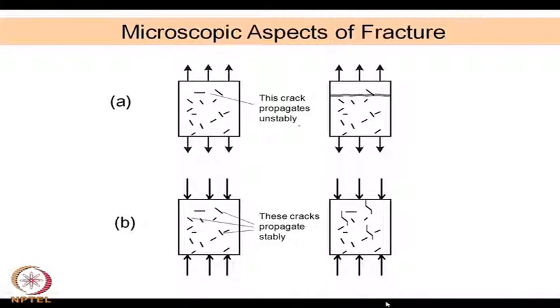That is one of the considerations, or one of the theories of Griffith, that in brittle materials, particularly ceramics, because of the thermal history and the low thermal conductivity, you will always have a thermal gradient, and that may lead to local thermal stress generation, which will finally cause some minor cracks.